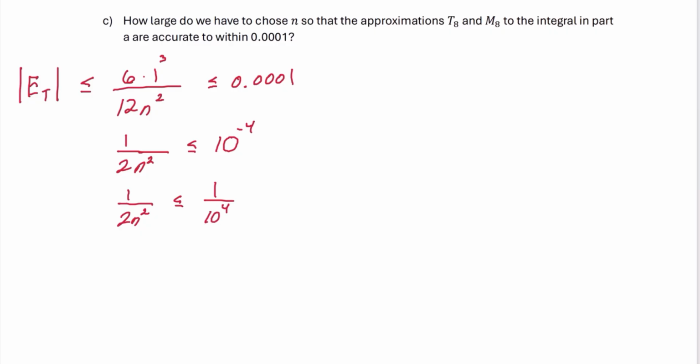And then since both of those fractions are positive and we have an inequality, we can get the reciprocal of those fractions. That's going to change the direction of the inequality. Dividing by 2 will give us n squared equals, let's see, 10 to the 4th divided by 2 would be 5,000. And then we want to take the square root of that.